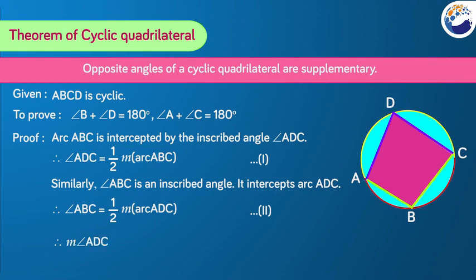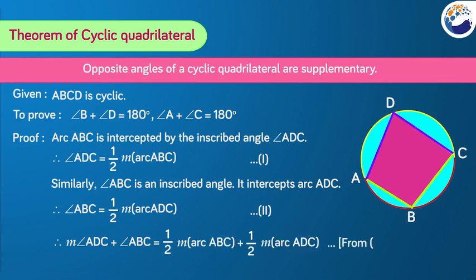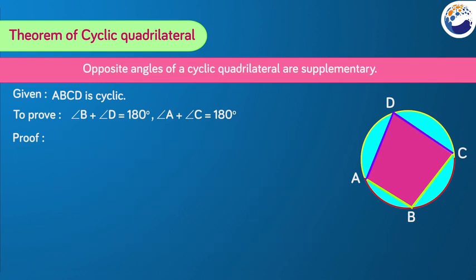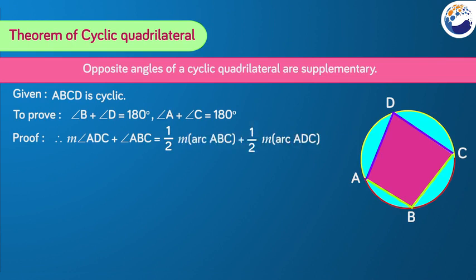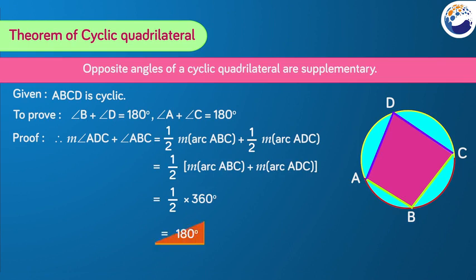Therefore, the measure of angle ADC plus the measure of angle ABC is equal to half the measure of arc ABC plus the measure of arc ADC from equation 1 and 2. Therefore, half the measure of arc ABC plus arc ADC is equal to half into 360 degrees, which is equal to 180 degrees. Similarly, we can prove angle A plus angle C is equal to 180 degrees.